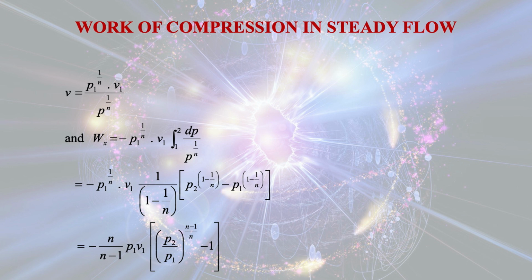So if you perform the integrations for this expression for Wx, after putting the upper limit and lower limit of the integrations, finally you will get Wx is equal to minus n divided by n minus 1 multiplied by P1 V1 within bracket (P2 by P1) whole to the power (n minus 1) by n, minus 1 bracket close.